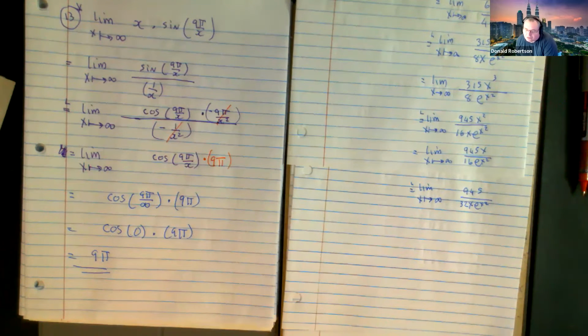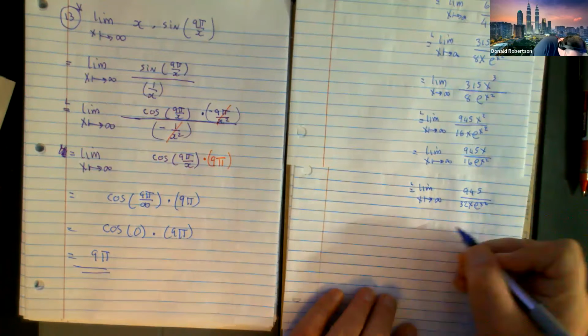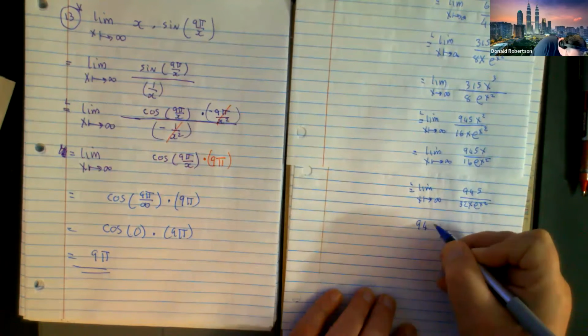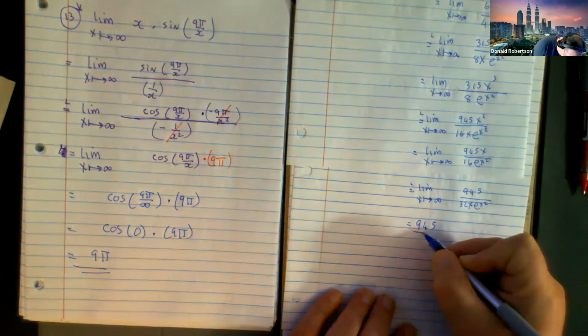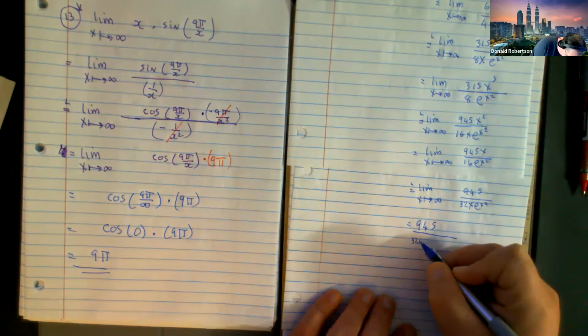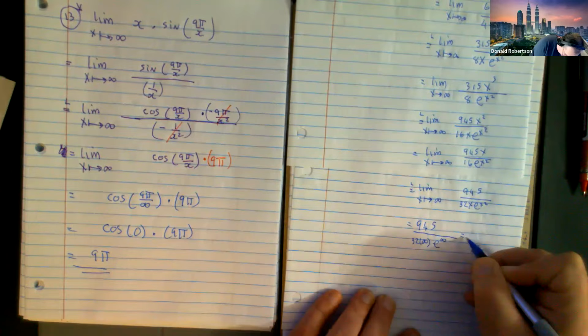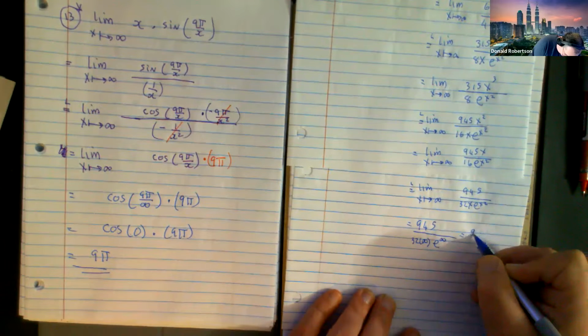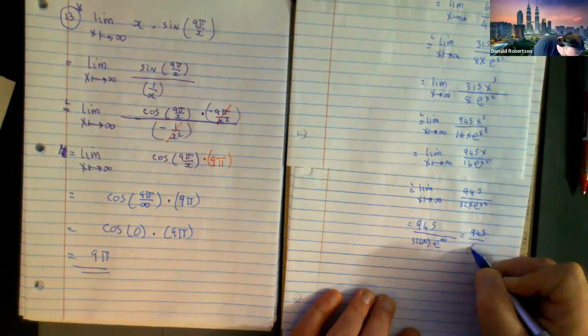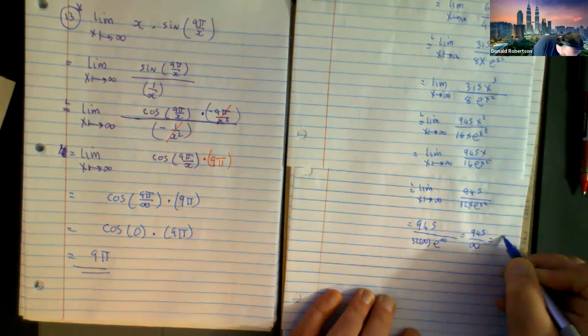Now, when one side or the other ends up being a number, isn't that a good signal to stop doing L'Hopital? So I'm stopping L'Hopital. If you plug in infinity, then I get 945 over 32 times infinity e to the power of infinity, which essentially is 945 over infinity, which means the answer is 0.